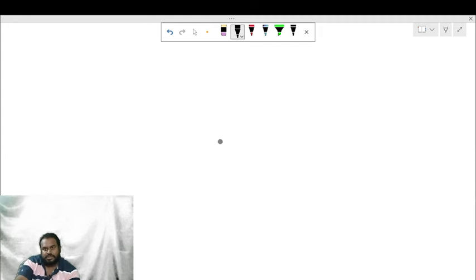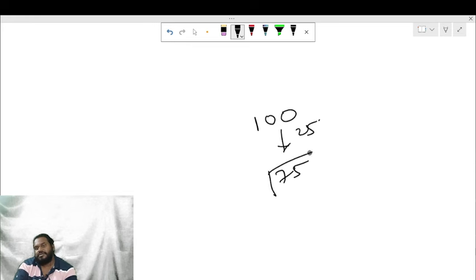So first 100, instead of increasing, is decreased by 25%. It means it will become 75. Once it has become 75, again it is increased by 20%.